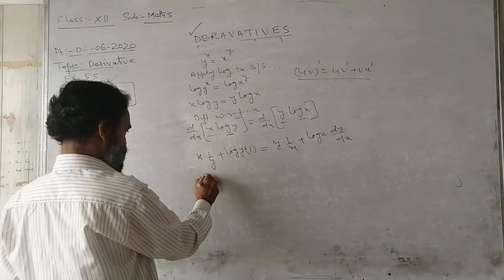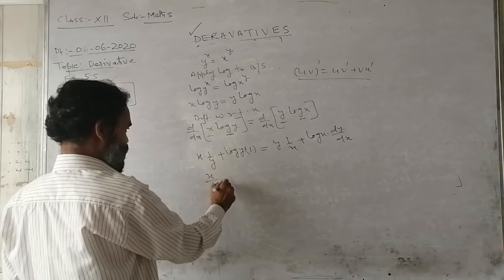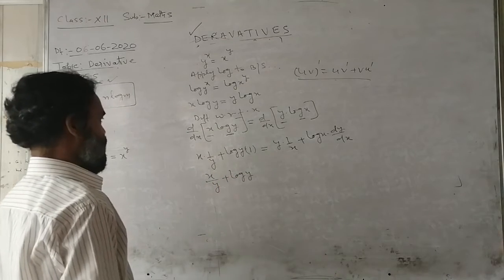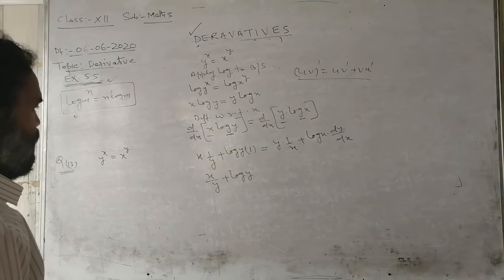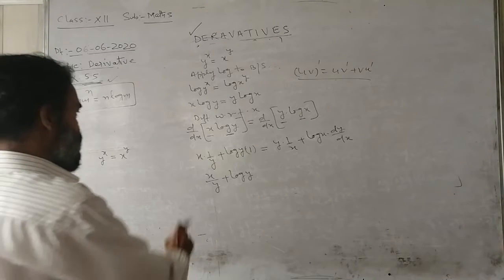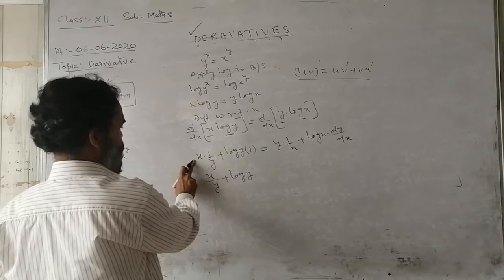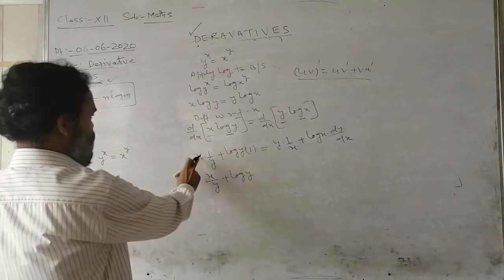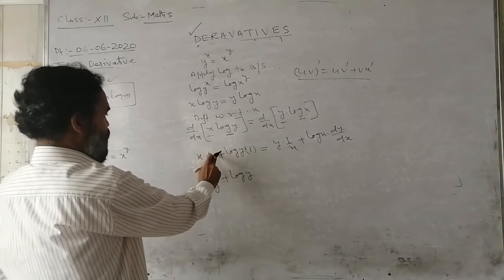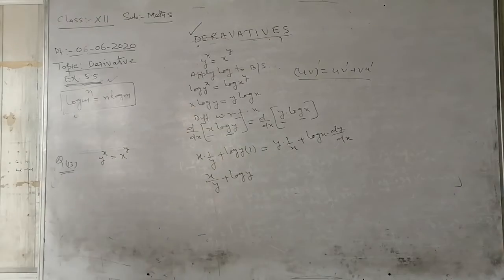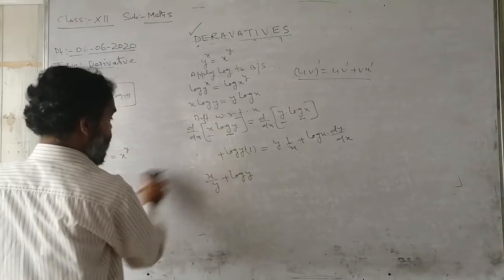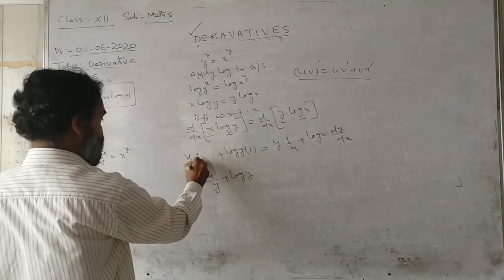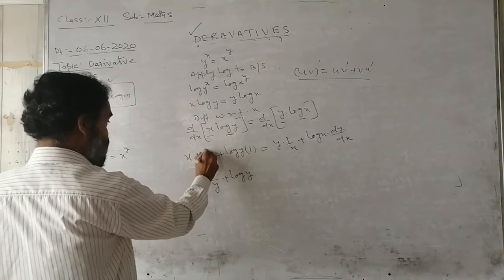So this can be written as x upon y, log y. So here first is this, into here I will have to write the first function is x, derivative of second, it is 1 upon y into dy upon dx.